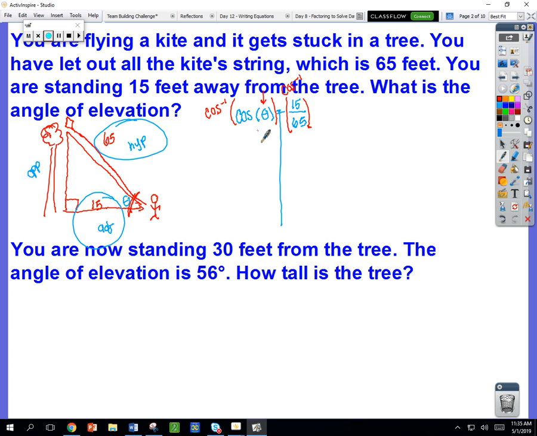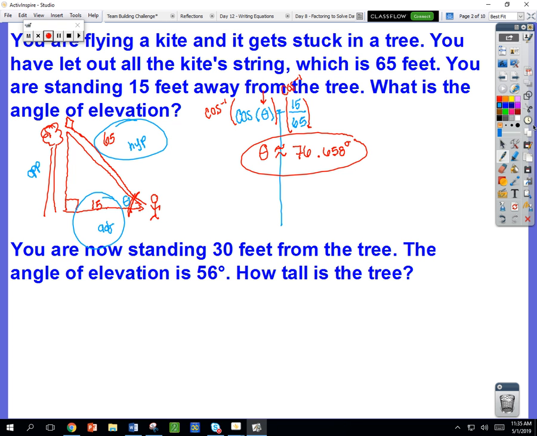Cosine and cosine inverse undo each other, so I'm left with theta. And then on this side, I get about 76.658 degrees. So that's this angle of elevation.